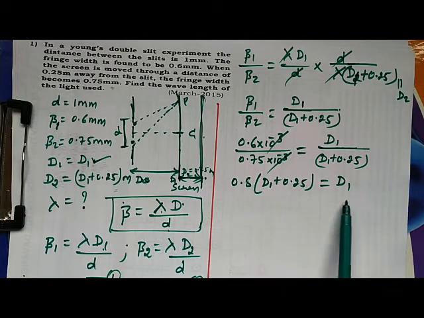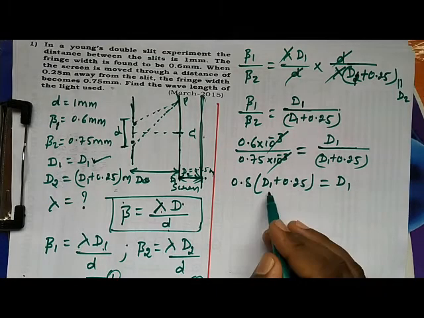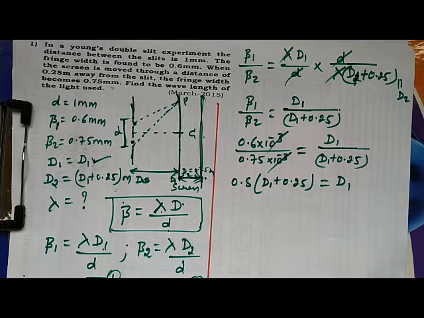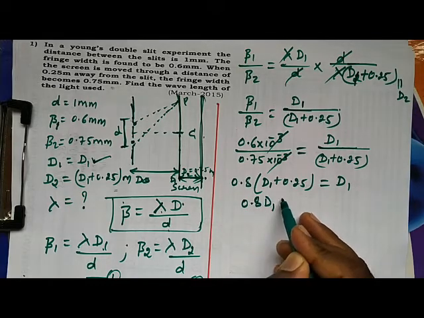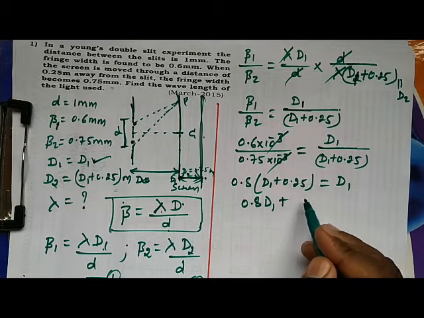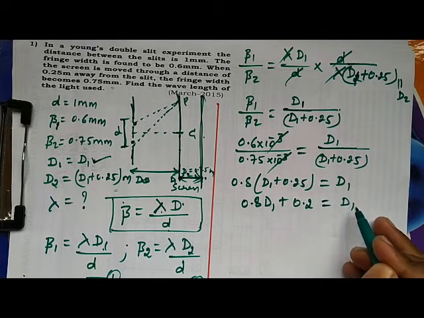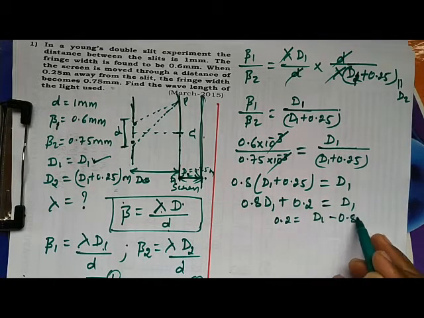Thereafter, taking 0.8 d1 to the right-hand side, we have 0.25 is equal to d1. Or if you want, you can proceed step by step. So 0.8 d1 plus 0.25 into 0.8. 0.25 into 0.8 is almost 0.2, which is equal to d1 minus 0.8 d1.